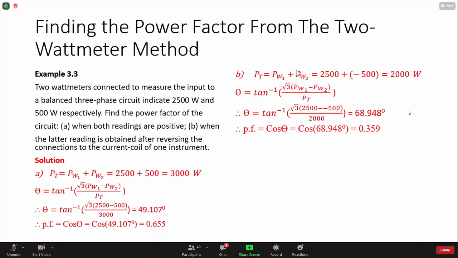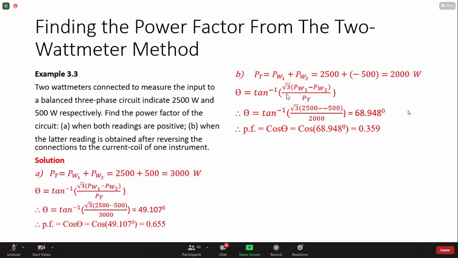All right. Now for part B, where you got the 500, you had to reverse one of the wattmeter current coils to get the 500. So, which means that in reality, PW2 is actually reading minus 500 watts, right? So the total power then would be this 2,500 minus the 500, which gives you 2,000.